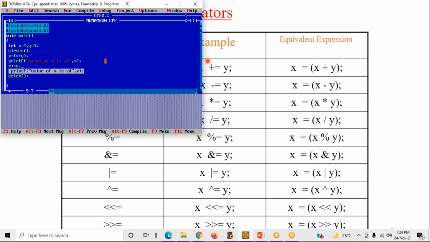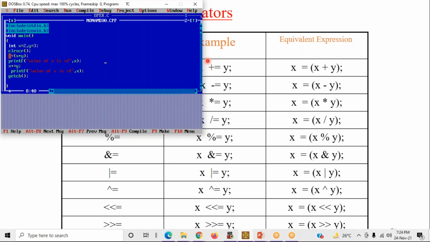Now what we have done here is initialize two variables with values 2 and 3 into x and y of integer data type. And we are adding x and y, and I am moving the result, the addition of x and y, to the variable x.